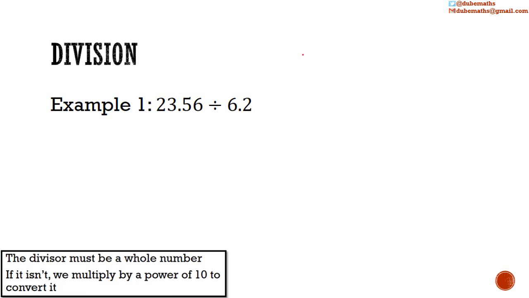Now, 23.56 divided by 6.2 is exactly the same as the fraction 23.56 over 6.2. So if we multiply the denominator by 10 to convert it to a whole number, then we have to multiply the numerator by 10 as well.